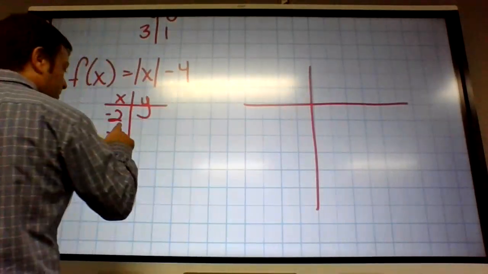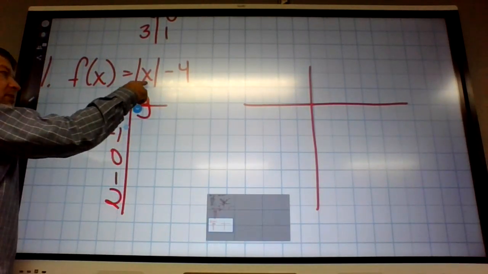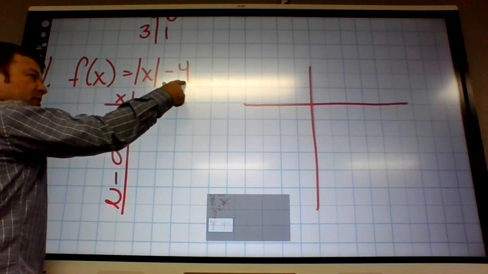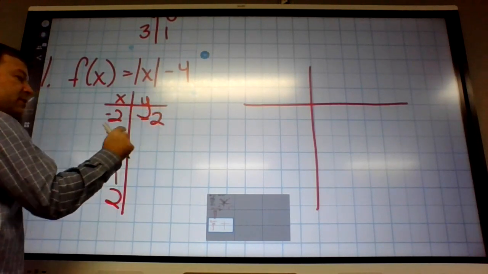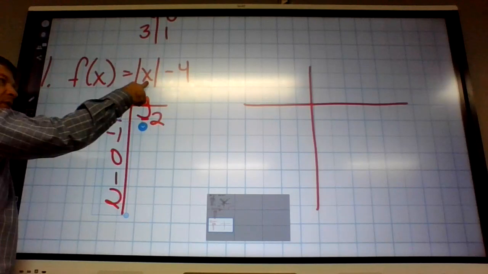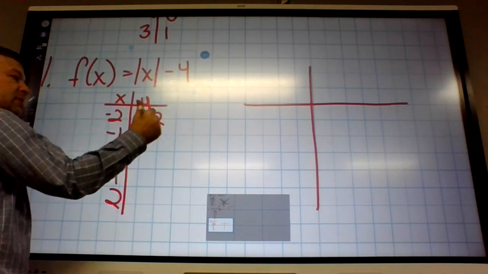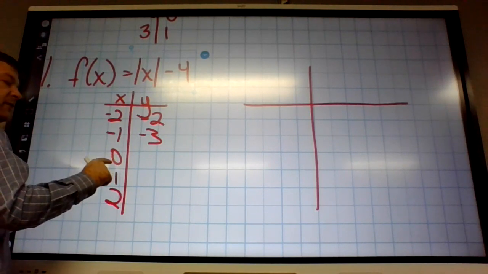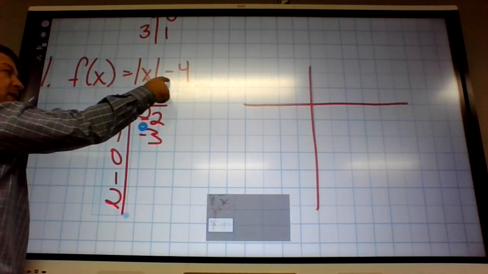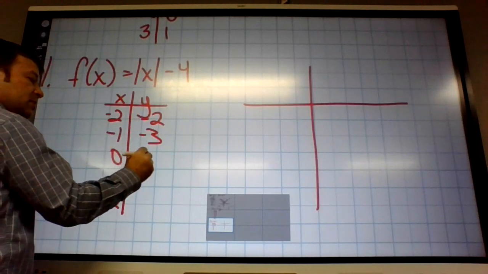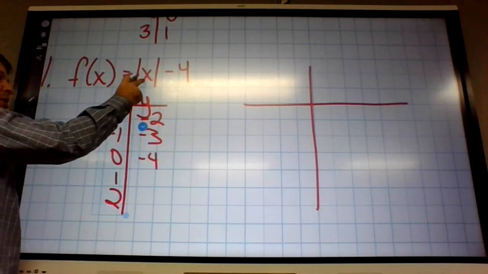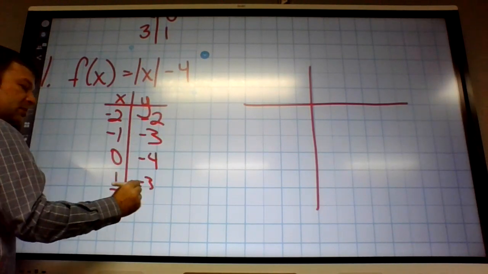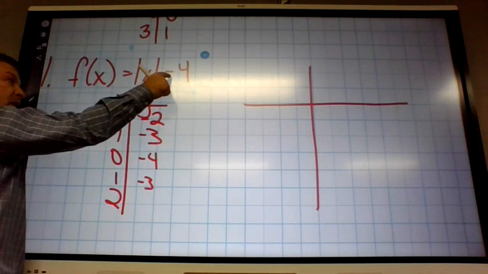If I plug in -2, the absolute value of -2 is 2, minus 4. Then -1, absolute value is 1, minus 4. So it has to be 7 ordered pairs, I know, I said 5. Okay, 0 minus 4. 1, absolute value is still 1, minus 4. 2 minus 4.